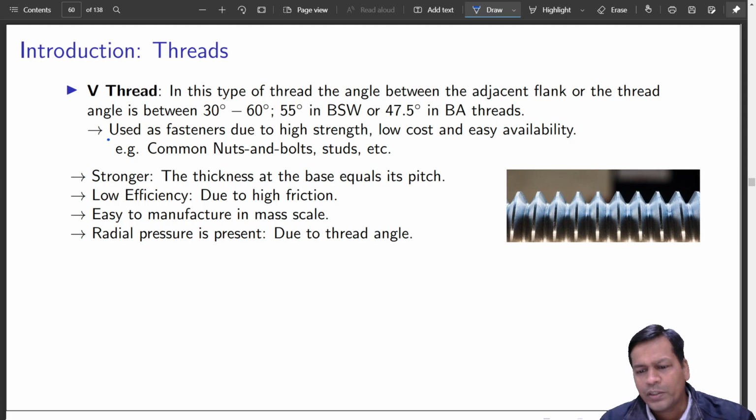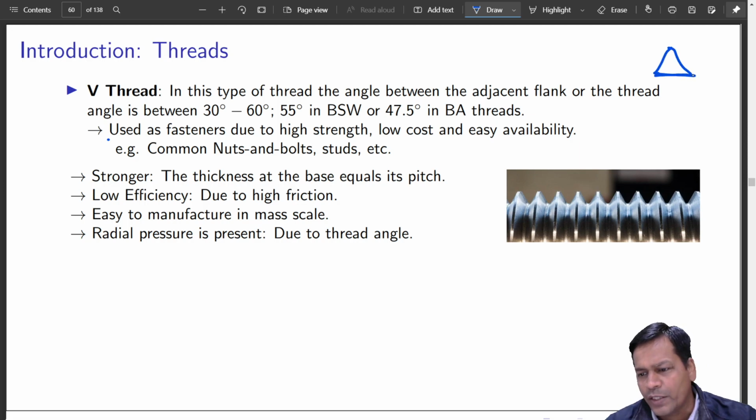It is low cost, easy to manufacture, and widely available. Because it is easy to manufacture, it is widely available also. A common lathe can do this, so that is why it is very, very common. The idea behind why it has propagated that much is because it is stronger. You see, it has a wider base.